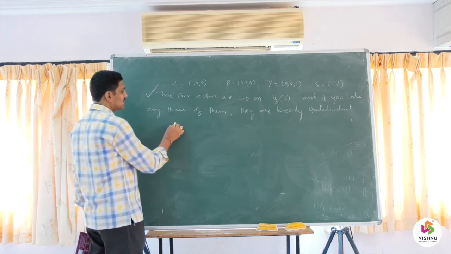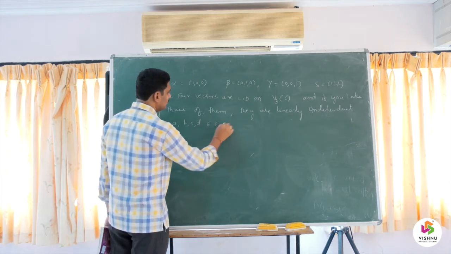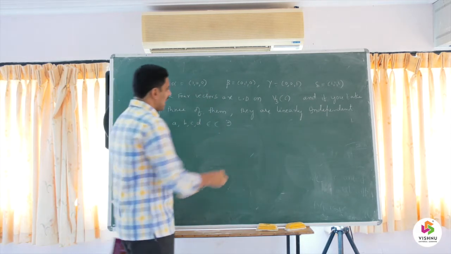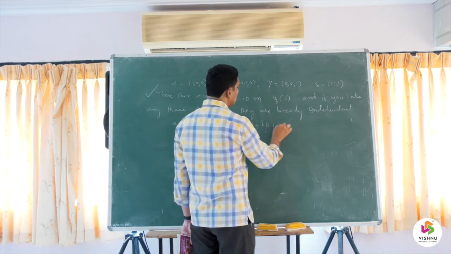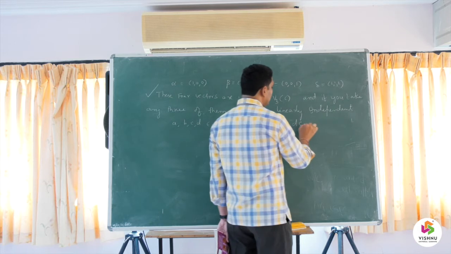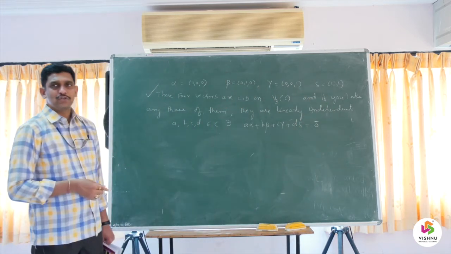So you take the scalars a, b, c, d belonging to the field C such that I can write the linear combination as 0. So a alpha plus b beta plus c gamma plus d delta is equal to 0 bar. Now I will substitute the values here.